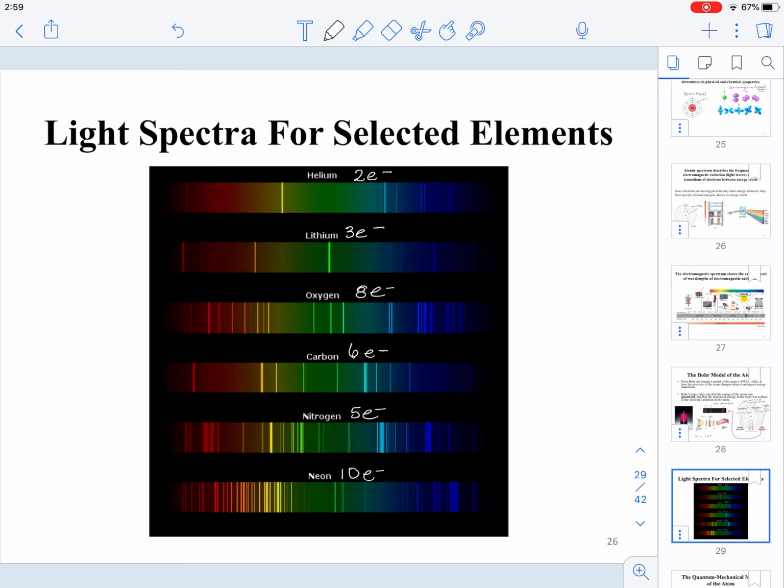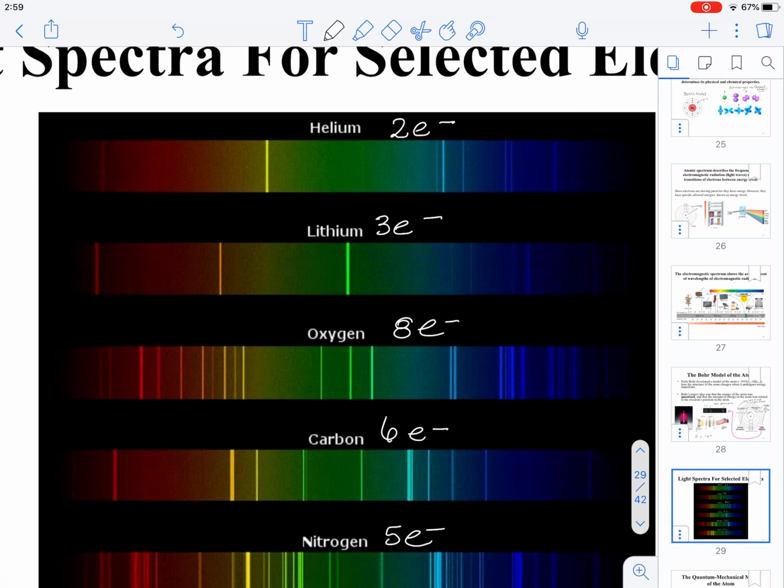So this is exactly why Bohr got into trouble, because even if we compare 2 electrons, 3 electrons in a system, understand that all of a sudden, if I zoom in, there are other lines that appear in the spectrum. And the model that he designed for hydrogen didn't work for things that had more than 1 electron.